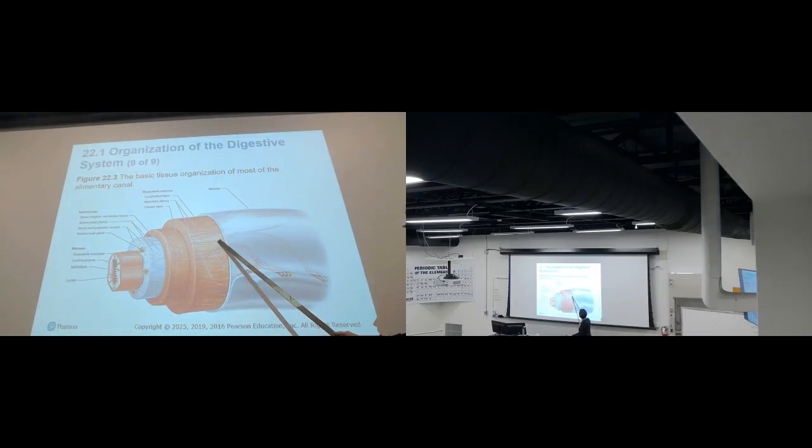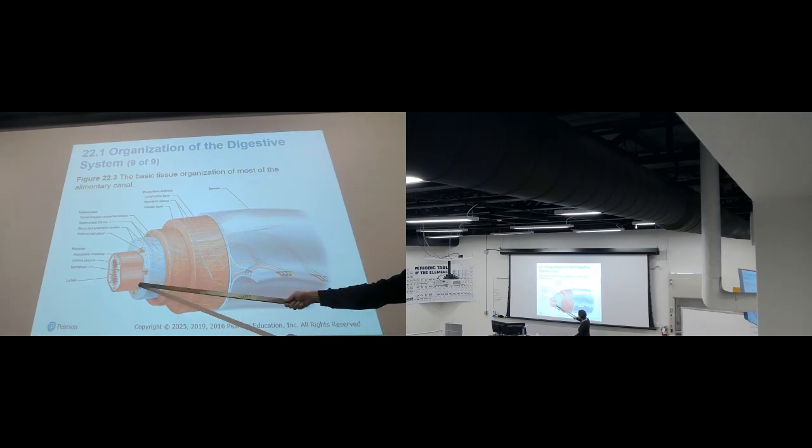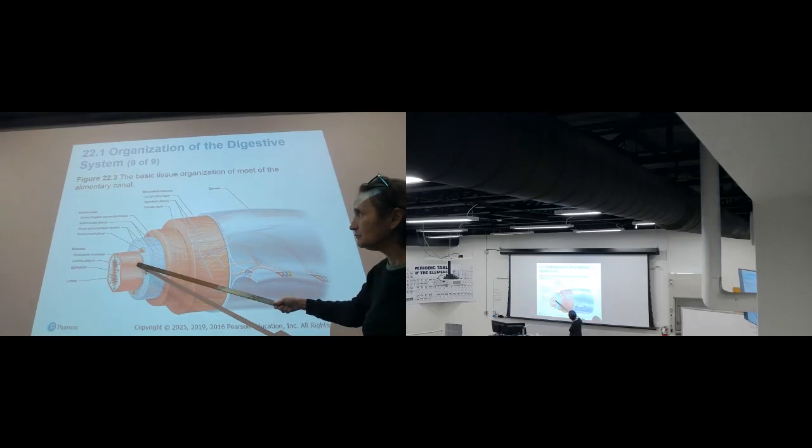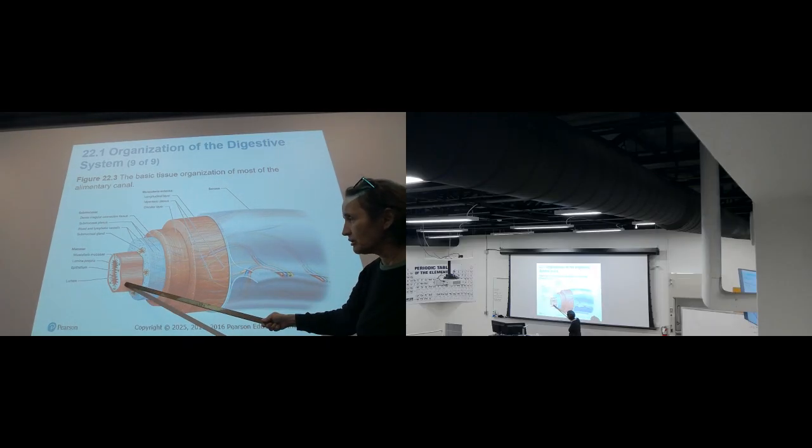Sorry, this is the layer, the muscularis externa, that has the circular layer and the longitudinal layer, not this one. This is the mucosa here, and the mucosa has a muscularis layer.